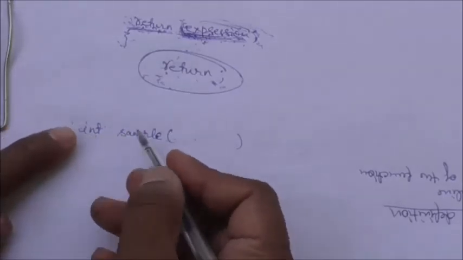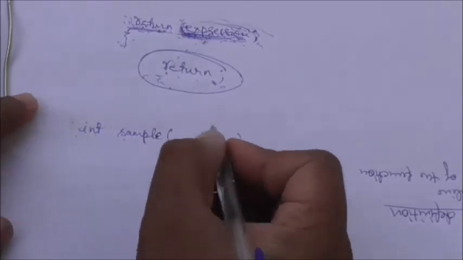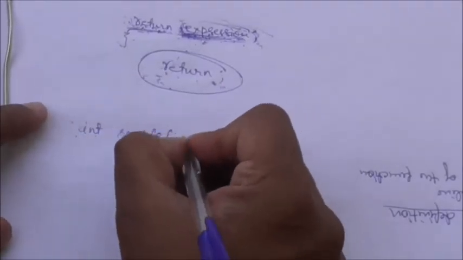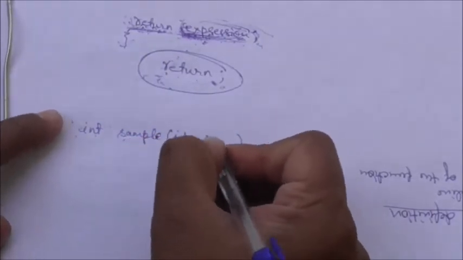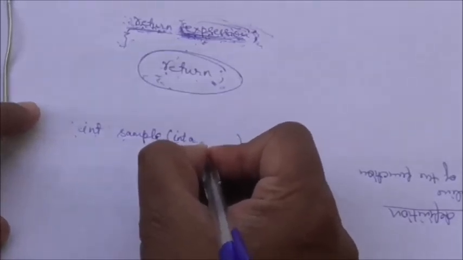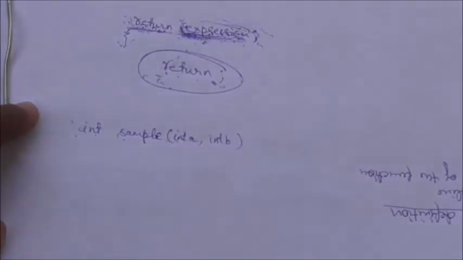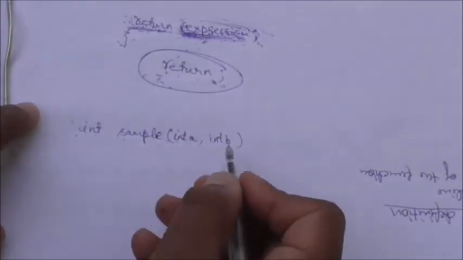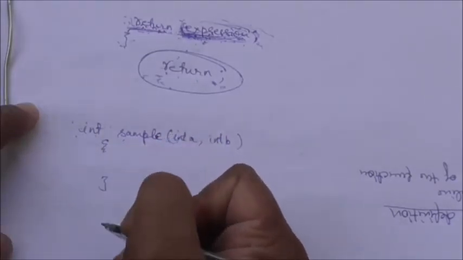What I want is that this function will add two numbers and return the sum. So in this case, the arguments will be two integer values. I have specified here int a, int b. This is the first line of the function definition. After that there will be the body of the function.